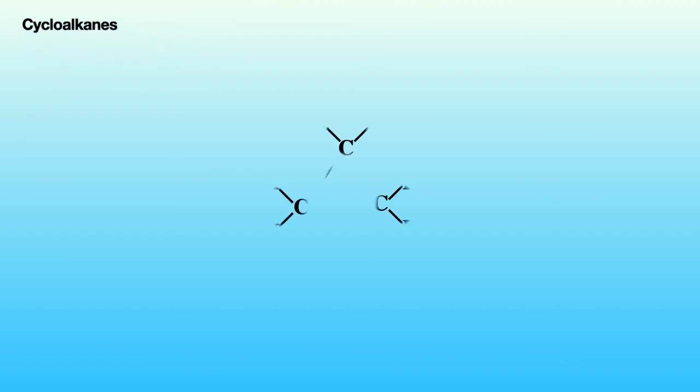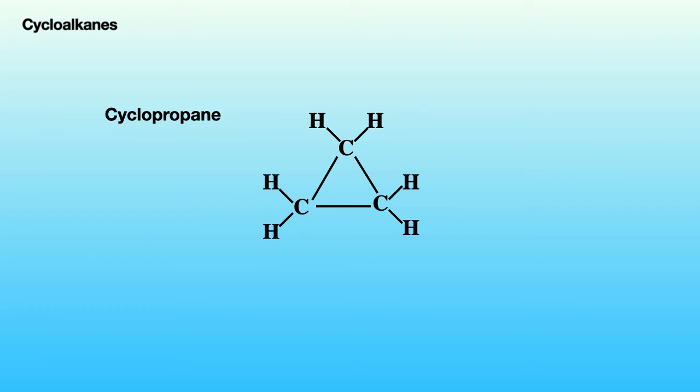Okay, finally the cycloalkanes. In this, remember, the carbon atoms are arranged in a ring. So that then is cyclopropane. Now honestly, there's not a lot you can do to shorten that. All you can really do is turn the CH2s with bonds into CH2s like that and like that.